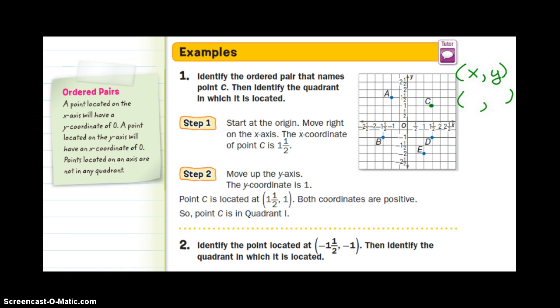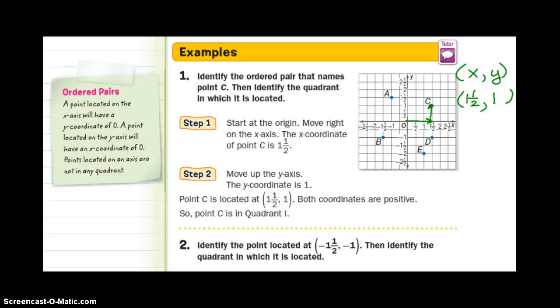So we come over on the x-axis until we're right below point C. And the number there is 1 1/2. Then we go up to the point and read it on the y-axis, and that's 1. So the ordered pair for point C is 1.5, comma 1.